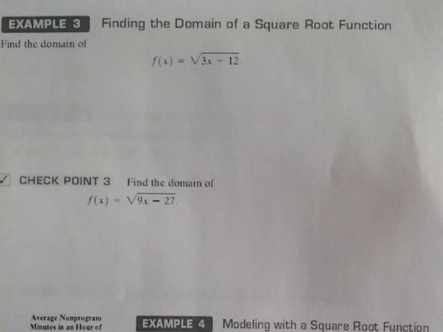It says find the domain of the square root of a function. We've done this before. We did the domain of fractions when the x was in the bottom of a fraction, and I think in my example I did show you how to do the domain of a square root, and it didn't come up in those problems, but it's coming up now.